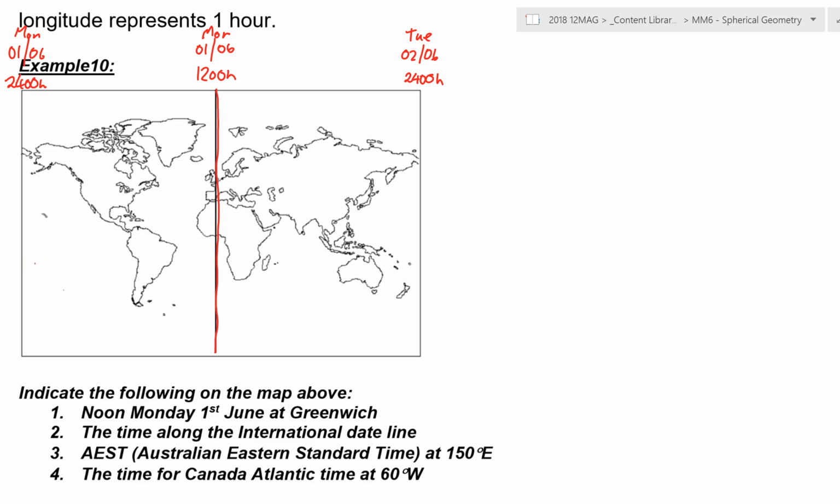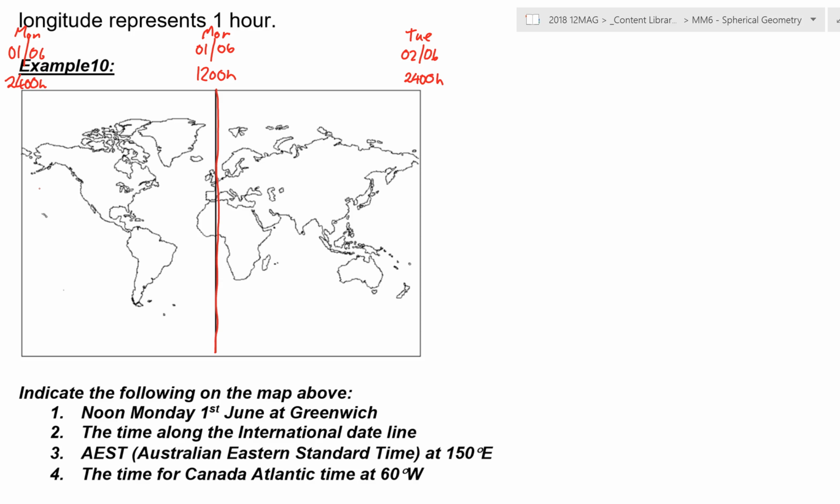It has some little squiggles in it to avoid splitting countries into different dates. Different time zones is one thing, but different dates is a real nuisance. So Kiribati has a huge bend in that line to account for that, and there are a few other little squiggles as well. So it's not a straight line.